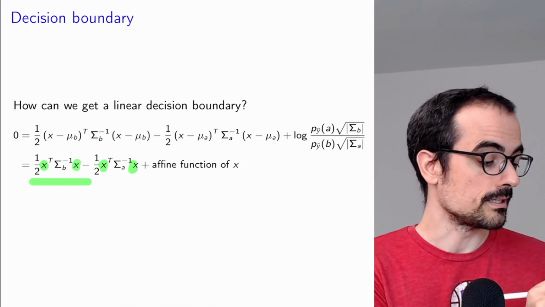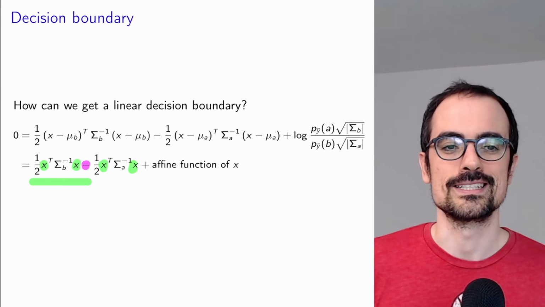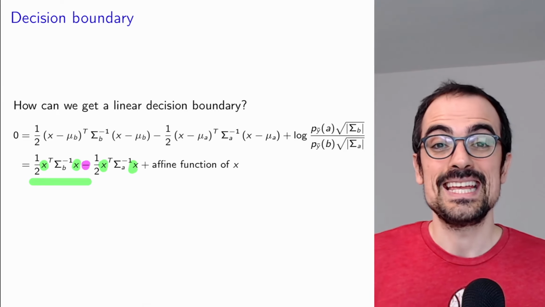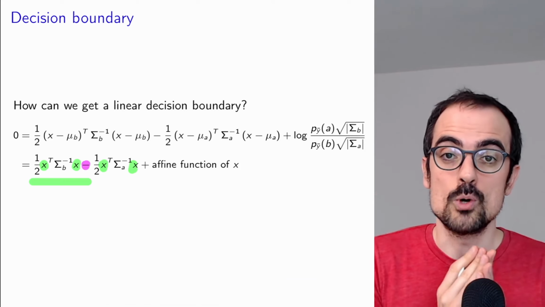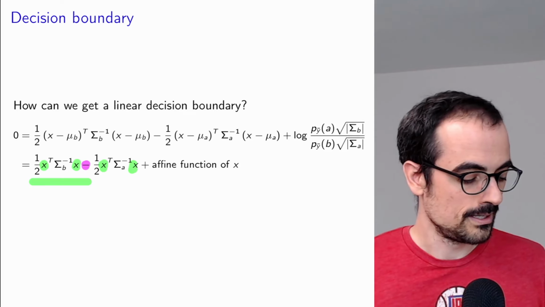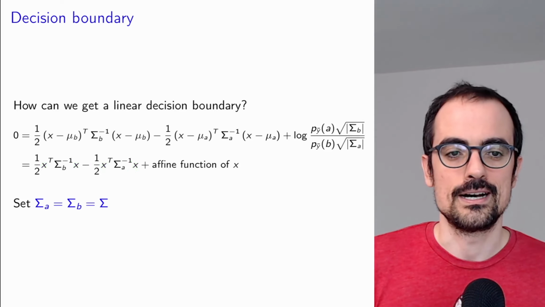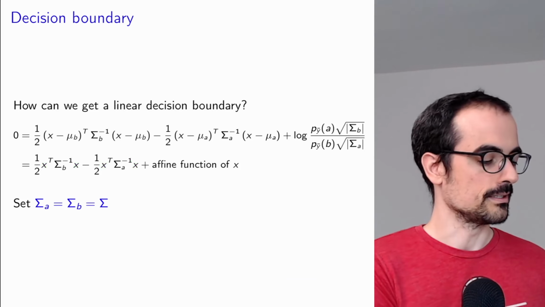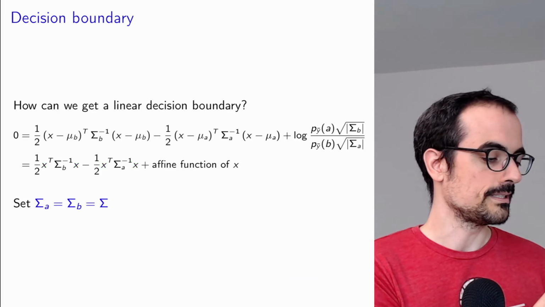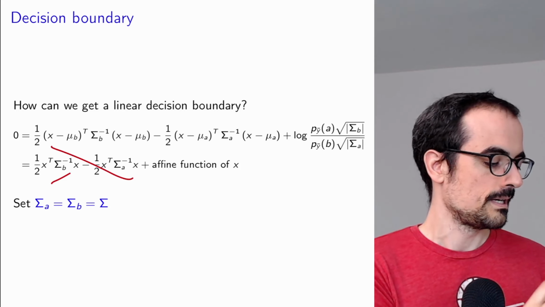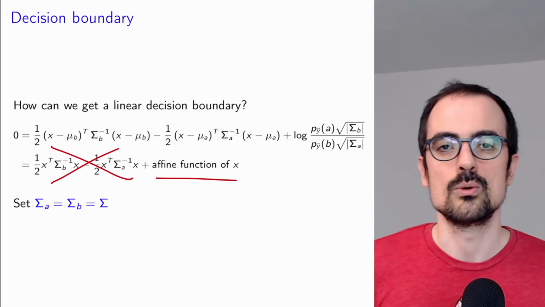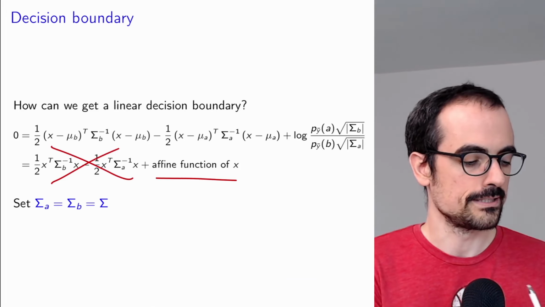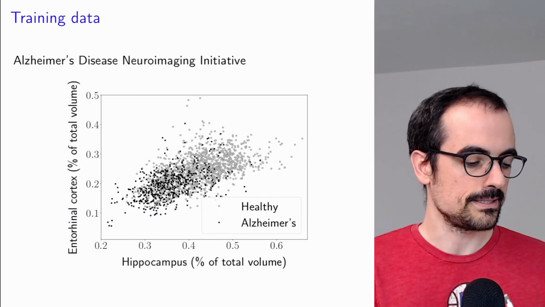But what happens? There's a minus here if you compute things out, which means that if the covariance matrices corresponding to the two classes are the same, then boom, things cancel out, and you get a linear model, because basically this disappears and you get all the rest, which is just an affine function of x. So you're going to have linear boundaries. And that's exactly what happens.